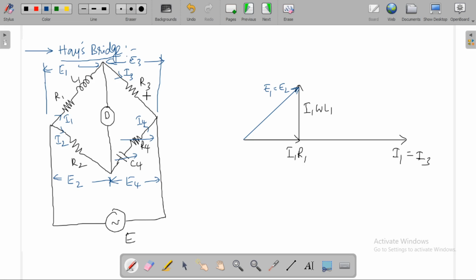Coming to this, how can I draw E3? E3 is the voltage across R3. You know phasor I3. Let us draw E3. E3 will be in phase with I3.